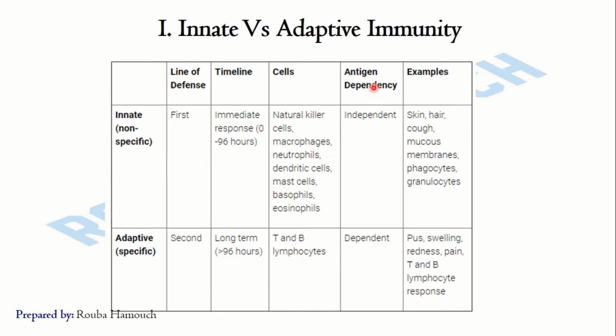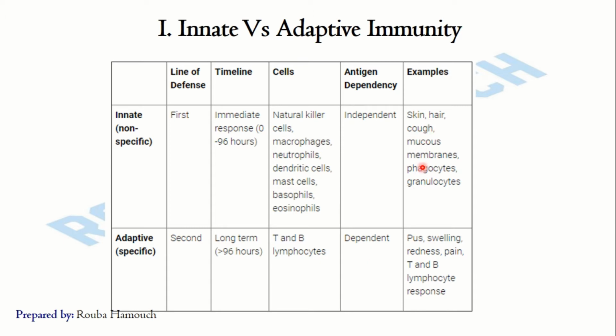Now, for the antigen dependency, the innate immune response is independent of the identity of the antigen, whereas the specific immune response depends on the identity of the intruder.